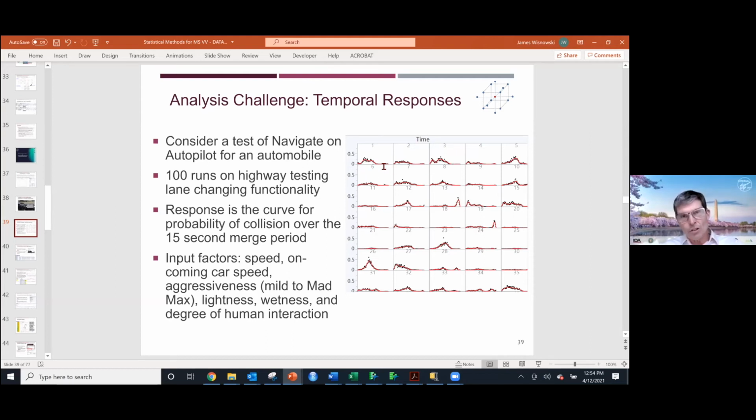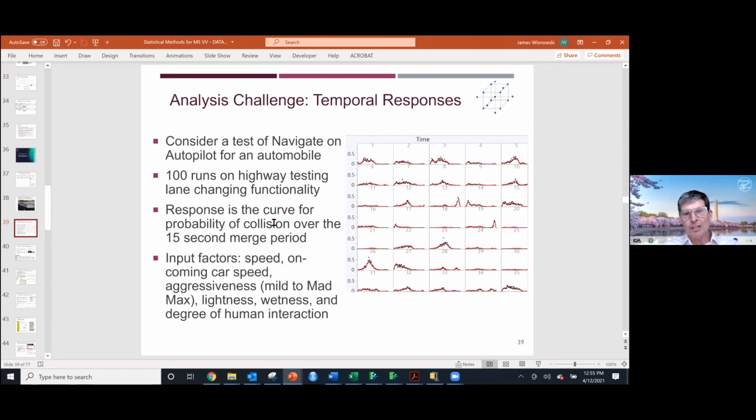So this is over a 12-second period. What is my probability of collision? And we can see that there are some areas where you have very high probability. And then some of these curves, like curve 16, we never really have much chance of having an accident. So the question is, how do I model these curves over that 12-second period and establish what is the influence of each one of these independent variables?